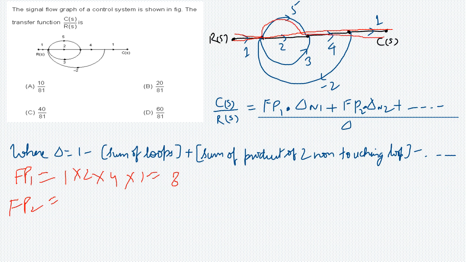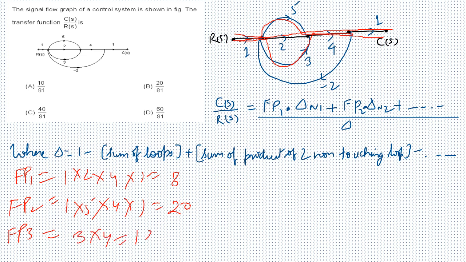If I write 1 into 5 into 4 into 1, this gives me 20. There is one more path, Fp3, which gives 3 into 4, equal to 12. So these are the forward paths.